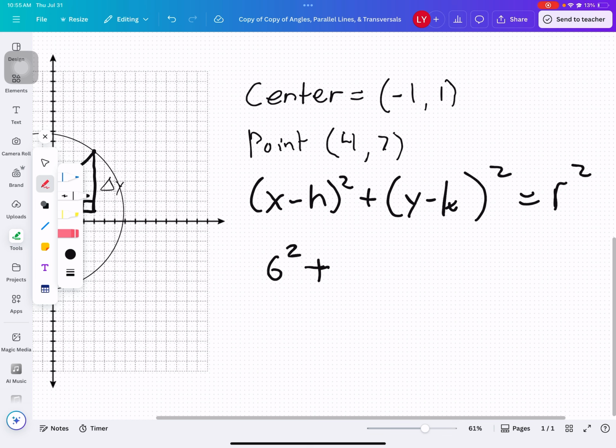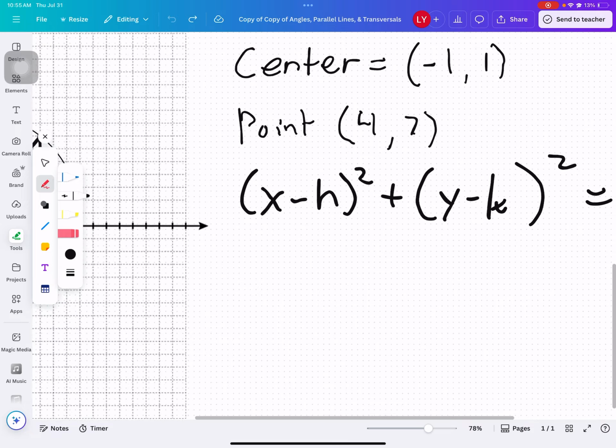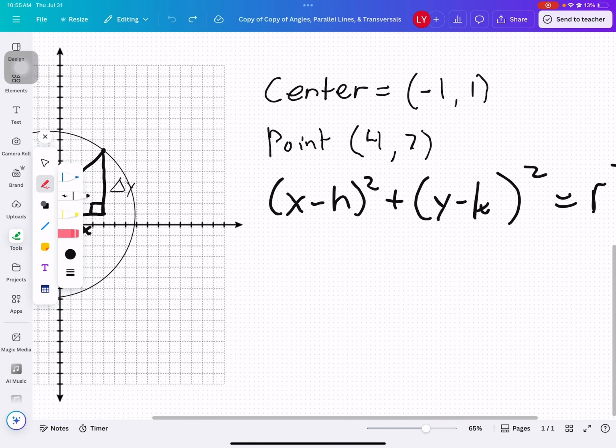well, technically we could just work it out right here on the standard form equation. Or no, I'll just do it right here.